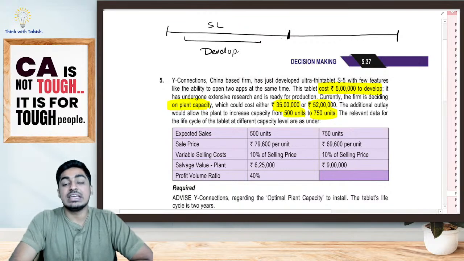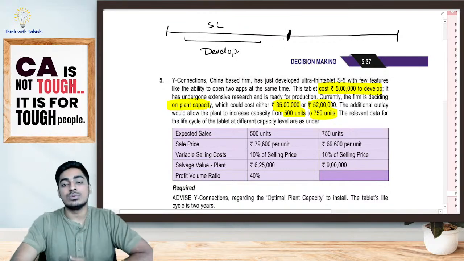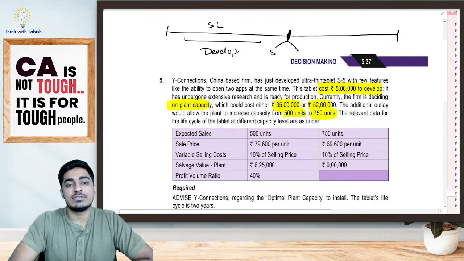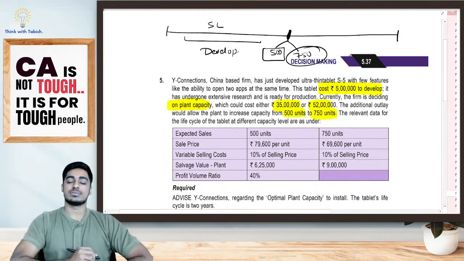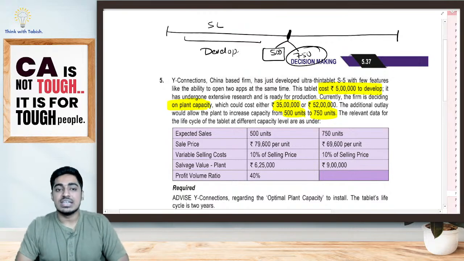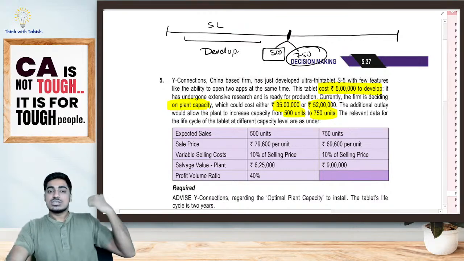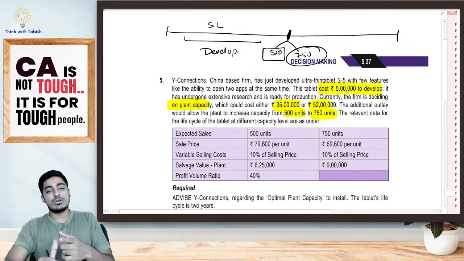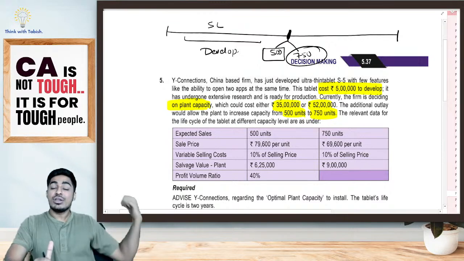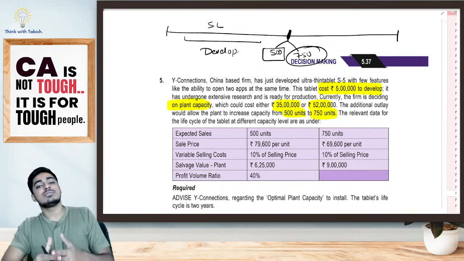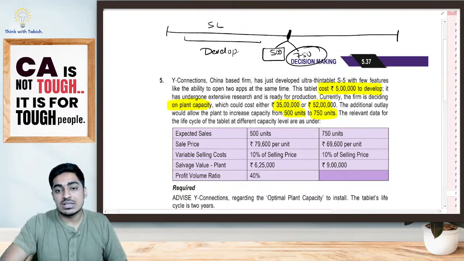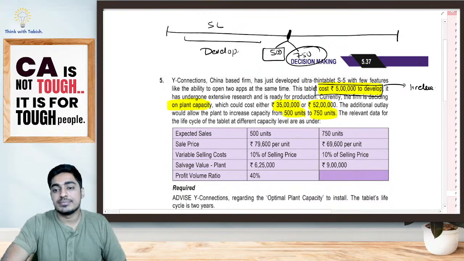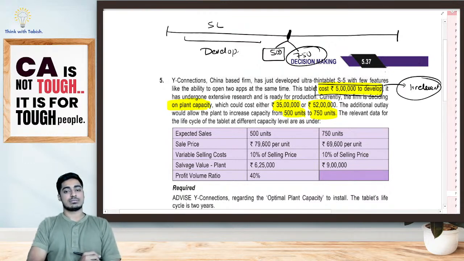Now I am deciding how much production should I do. Should I produce 500 units or should I produce 750 units? For the decision, whether the development cost is going to be relevant, whether I produce 500 units, that cost is already incurred. Whether I produce 750 units, that cost is already incurred. So this cost is a sunk cost and is going to be irrelevant. Is it clear?